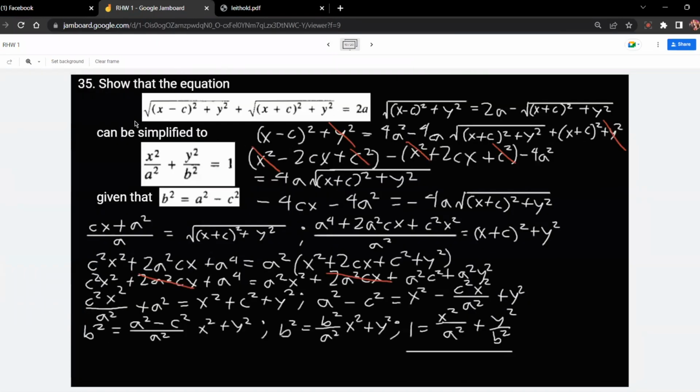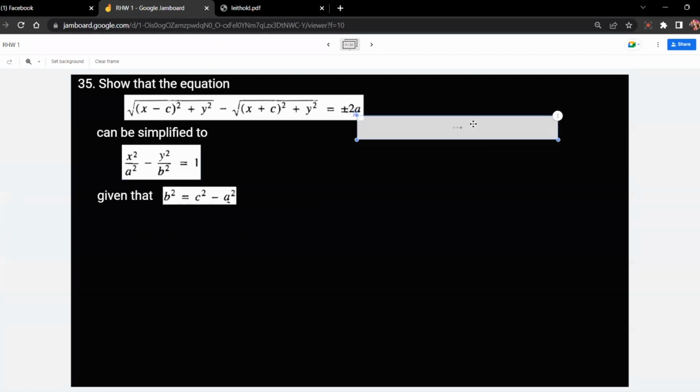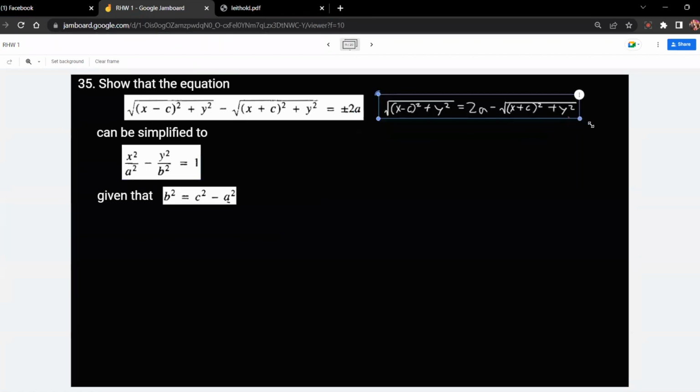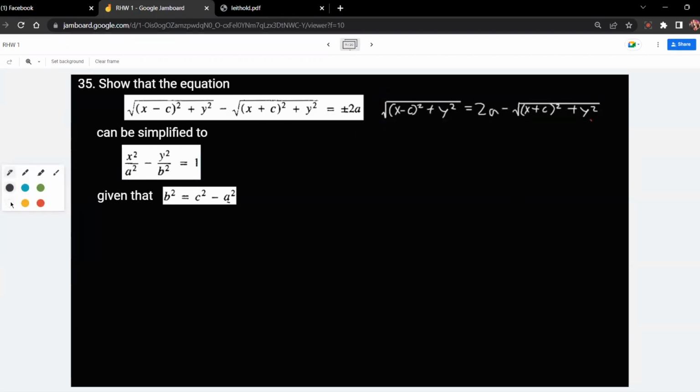So, same method: square root of x minus c squared plus y squared equals plus or minus 2a plus square root of x plus c squared plus y squared.